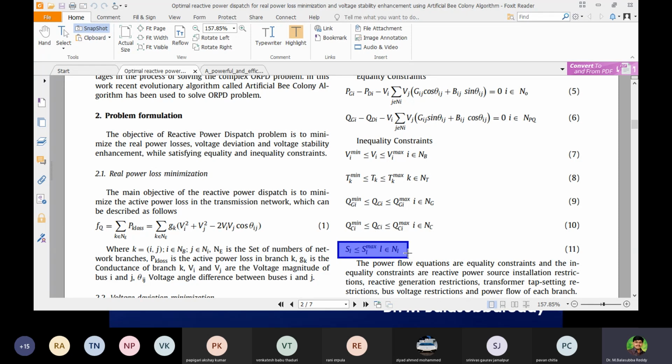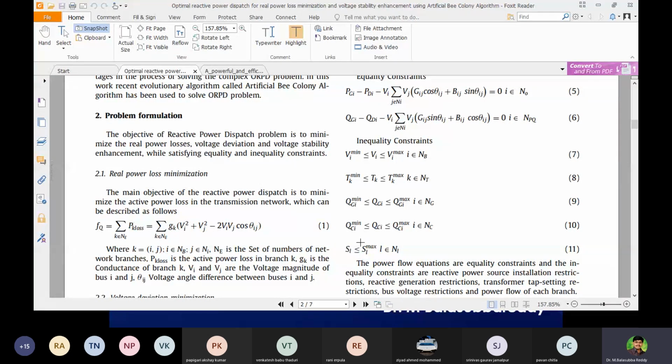You cannot transmit power beyond that. That will always be lower than the thermal limit. The maximum allowable capacity of a transmission line, I call it SL, for line 1, line 2, line 3, and so on. That is always less than or equal to SL maximum.